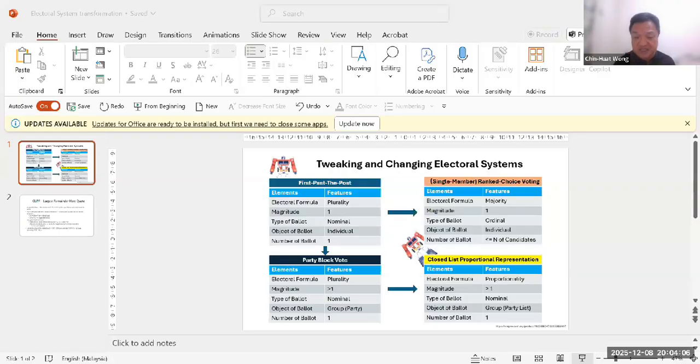They could be 30% of the electorate in Singapore and win all the seats if the 70% majority is split into smaller groups. However, in closed list proportional representation, we use a different electoral formula, in the family of proportionality. Everything else you see here is the same.